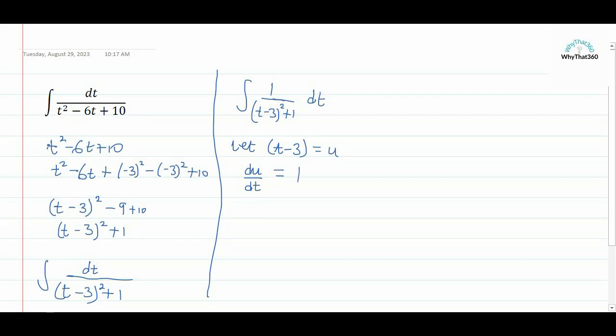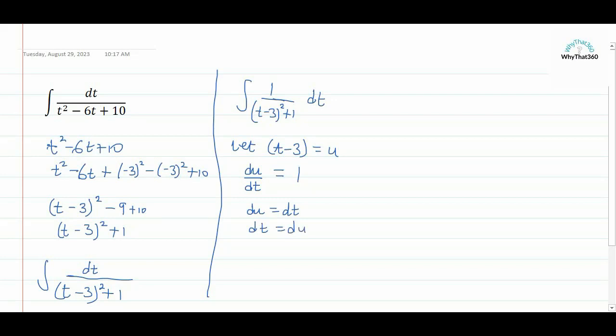To make things easier, let's find the value of dt at this point. We can say that du is equal to dt, and in the same way dt will be equal to du.